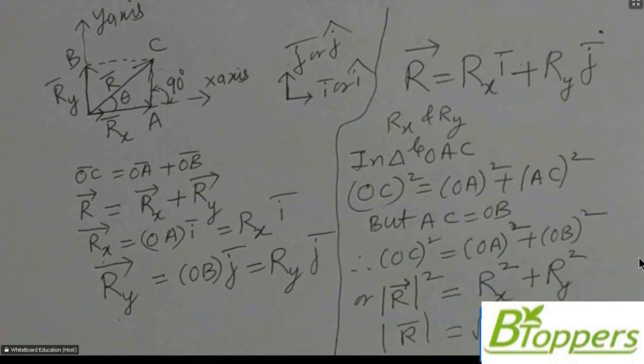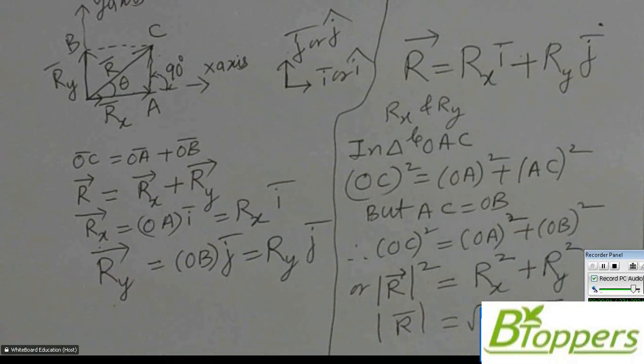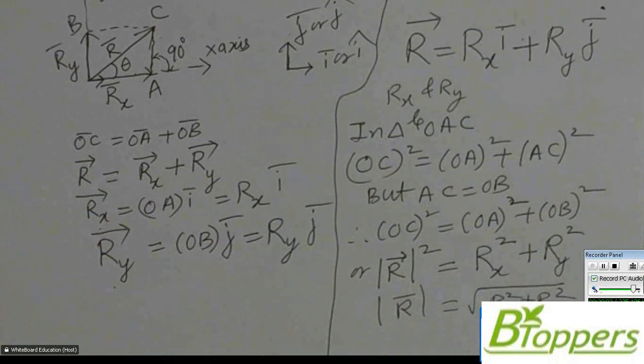Again, in some problems we express the two rectangular components of the vector r bar in terms of the magnitude of the vector r bar and the angle theta which the vector r bar makes with one of the coordinate axes.